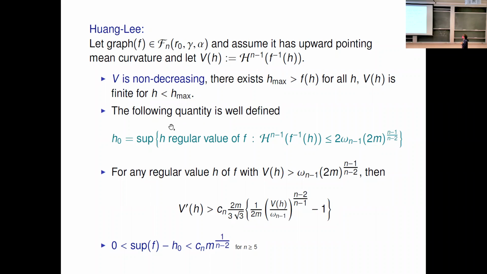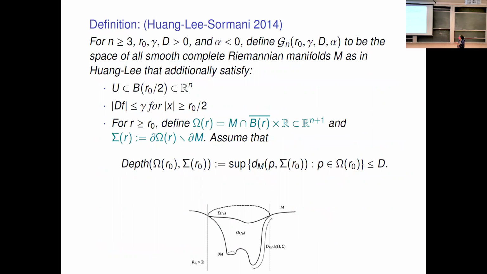And that's why this value H0 is really well defined. And then the next line is telling me that one has a differential inequality in terms of this B function, and this functional inequality will give us the part that I told you before, that in the upper part, this height will be controlled by the mass. Okay, so that's the picture of this class of manifolds. And now let's move on.